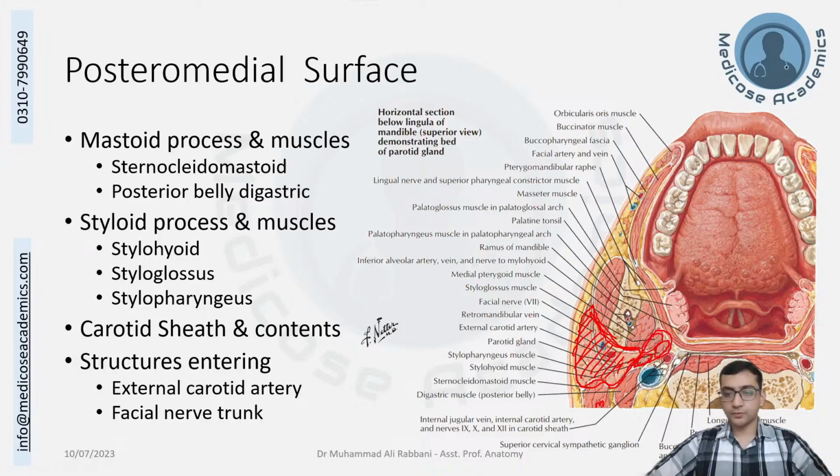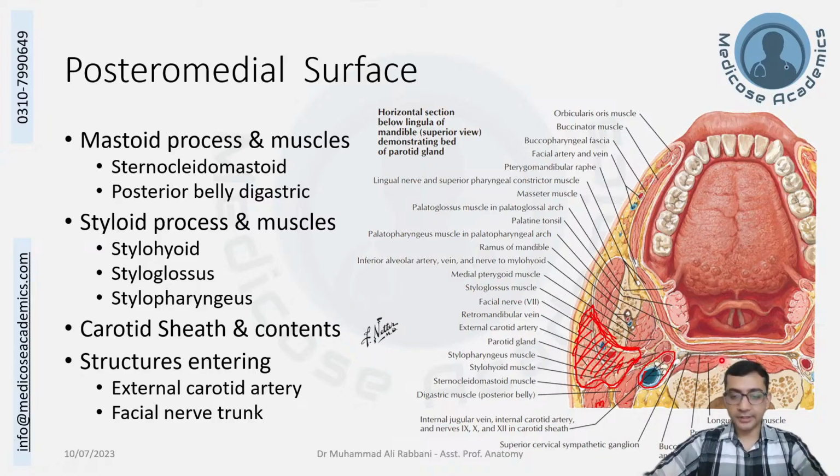And just beyond that, you can see the carotid sheath with all of its contents. That includes the internal jugular vein, common carotid artery, and the last three cranial nerves. Not exactly last three, cranial nerves 9, 10, and 12. Cranial nerve 11 becomes separated very early on.